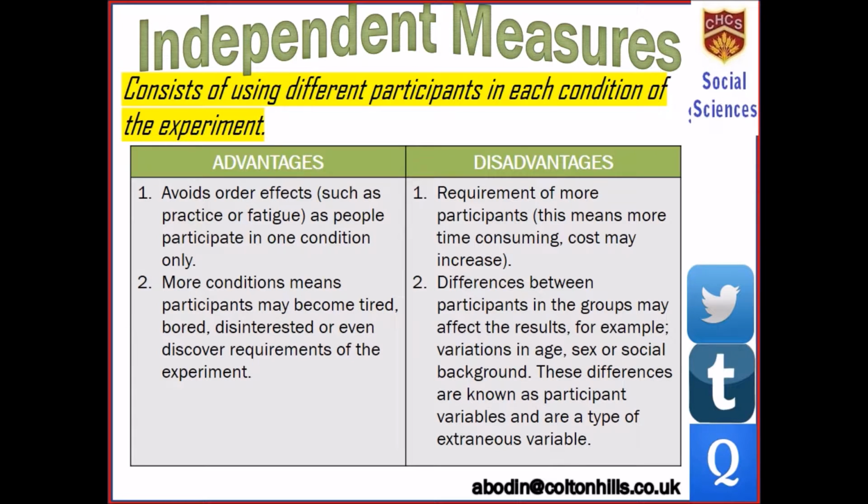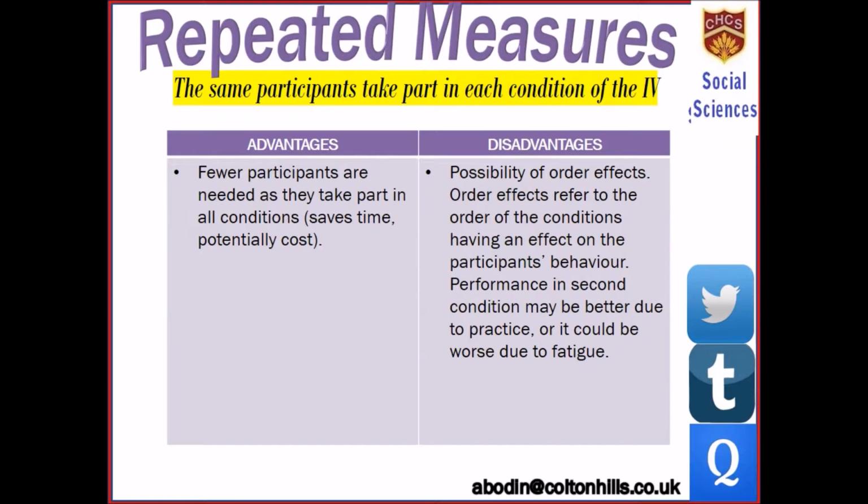By using independent measures and having different participants in each condition, you could find that one condition performs better than another, and it could be down to these individual differences. So repeated measures design. This is using the same participants in each condition of the independent variable.